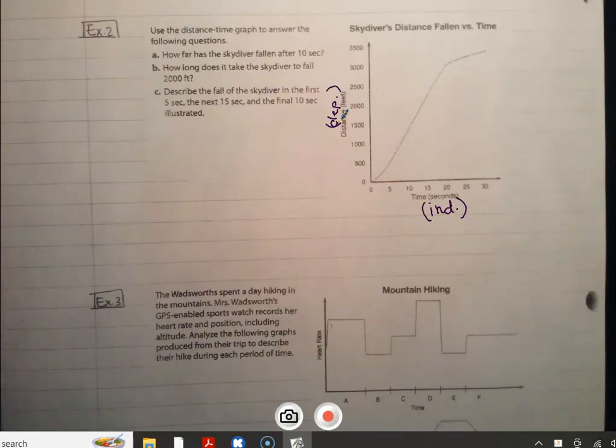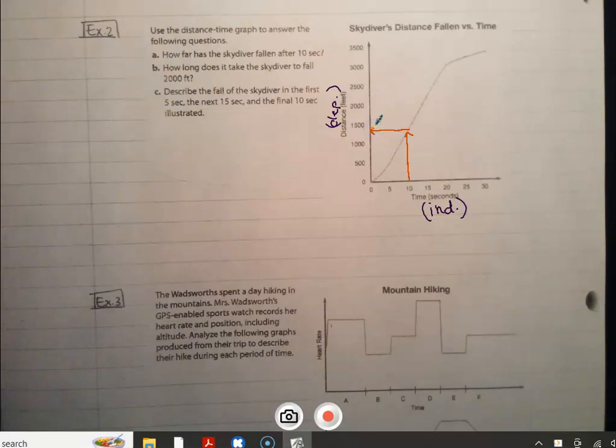All right, so let's look at the question. How far has the skydiver fallen after 10 seconds? All right, so we're going to start drawing those lines. So 10 seconds. Okay, let's go. We'll try to do a better job of going straight up from 10 seconds. Okay, 10 seconds, and then track that over. It's a little high.